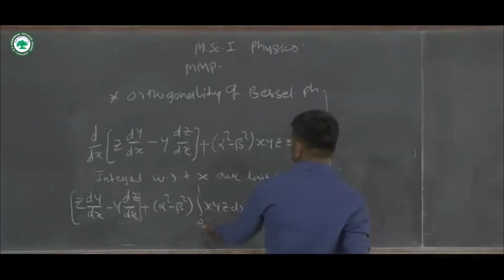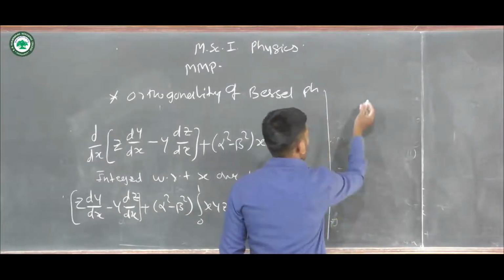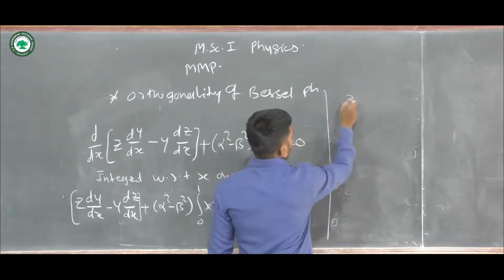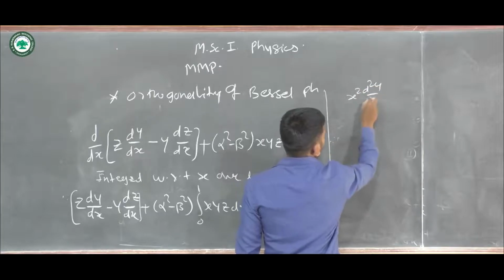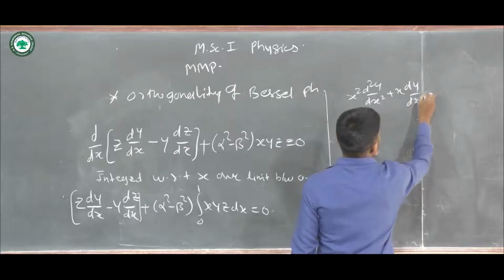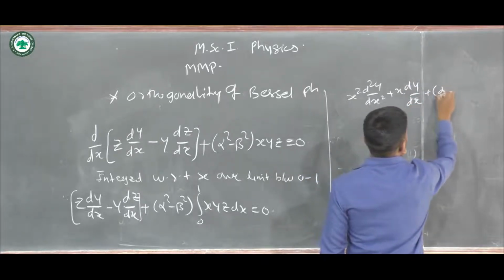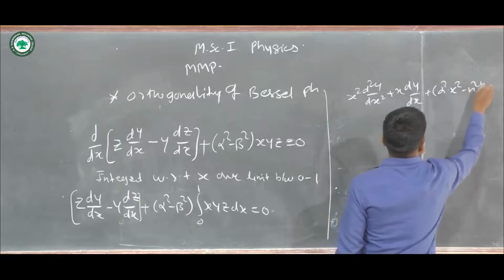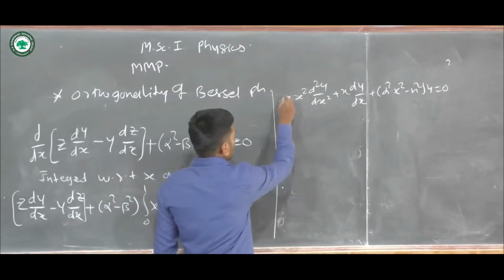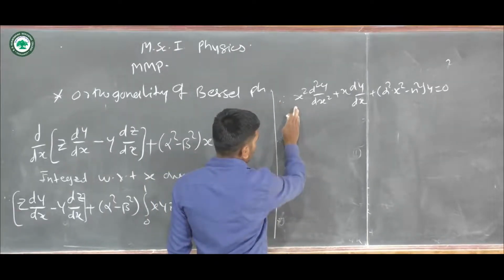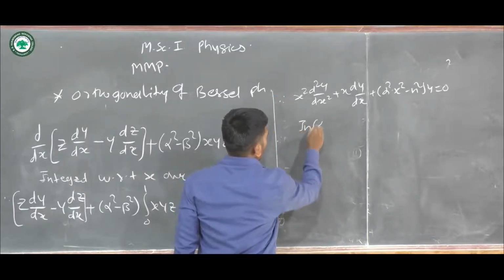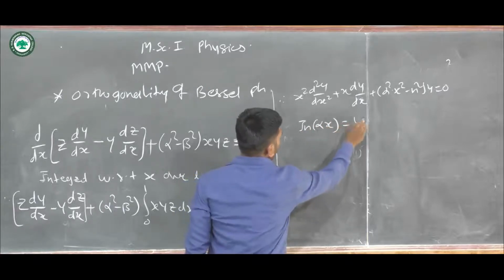Okay. So from these expressions we know for the first differential equation, that is x square d square y by dx square plus x dy by dx plus alpha square into x square minus n square into y is equal to 0. So the solution of this Bessel differential equation is jn alpha x, and that is equal to y.